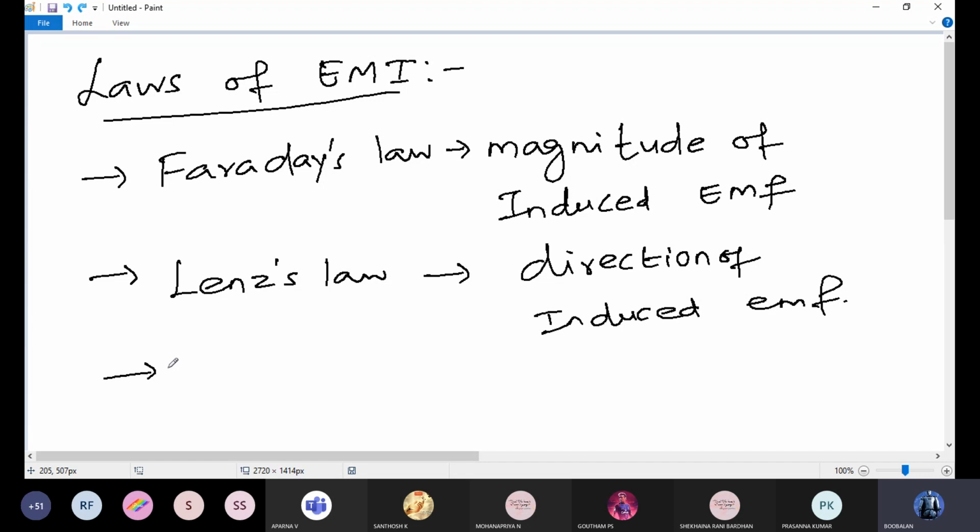Otherwise, the magnitude of induced EMF is equal to the rate of change of magnetic flux. These two laws are used for finding the magnitude of induced EMF.